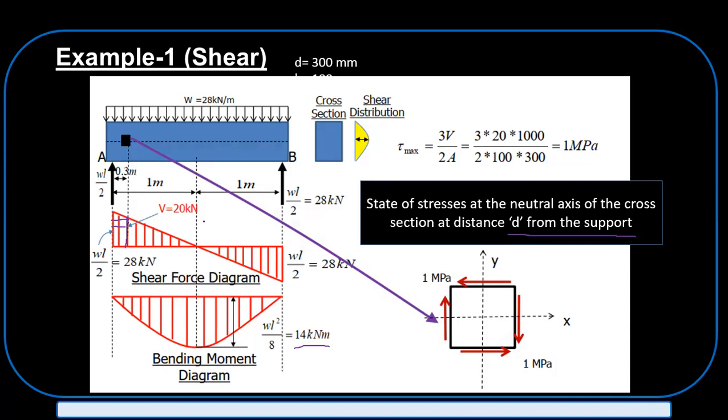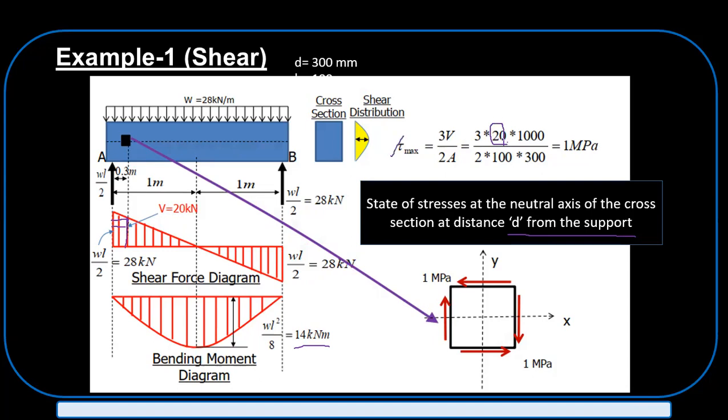Shear at the ends is 28. It's not the shear usually taken for a design, right? So let's call this the shear force. Then you can find the maximum shear stress.